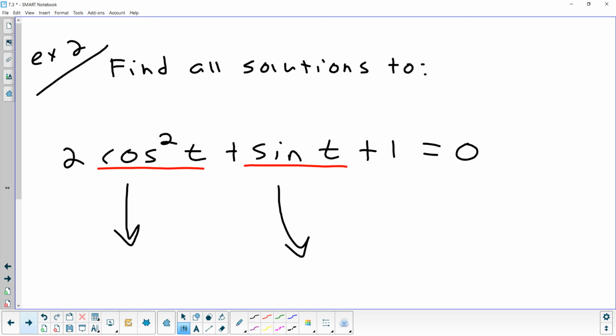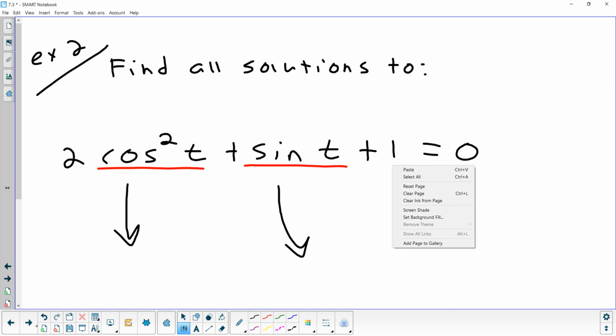You have to find the period of each one that I underlined separately. The second one I think everyone should be able to do, find the sine of t. That's just regular sine, no transformations. Cosine squared, a little different. So we'll have to talk about that one. The one doesn't have any effect on the period at all. That's not a periodic term, that's a constant.